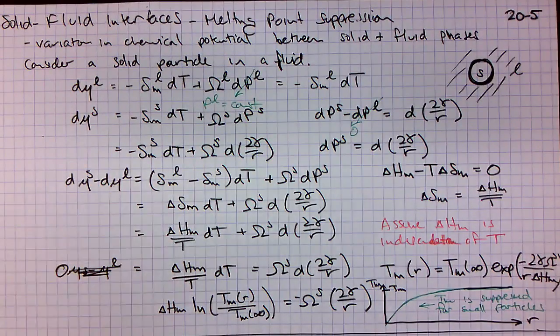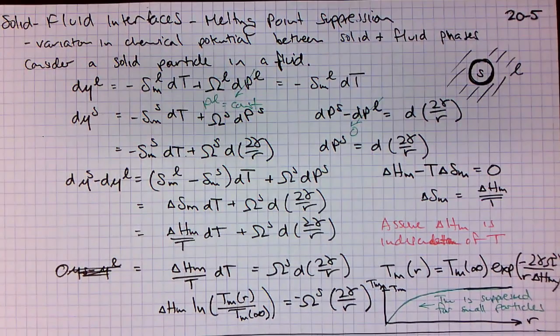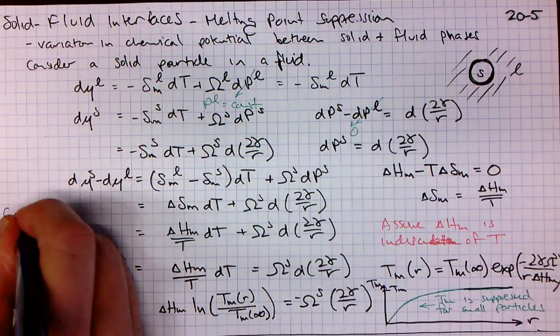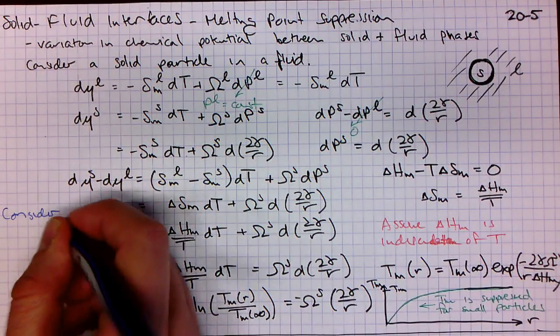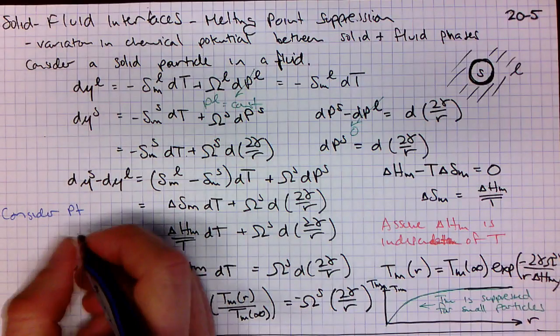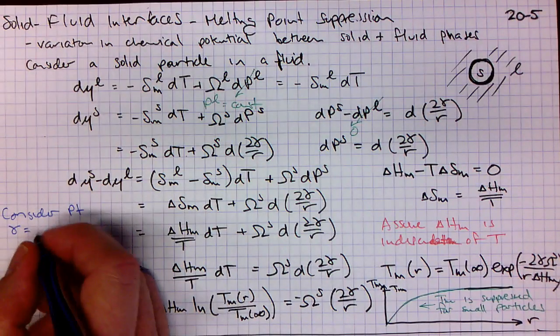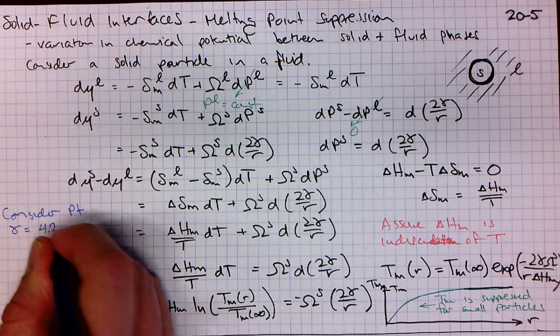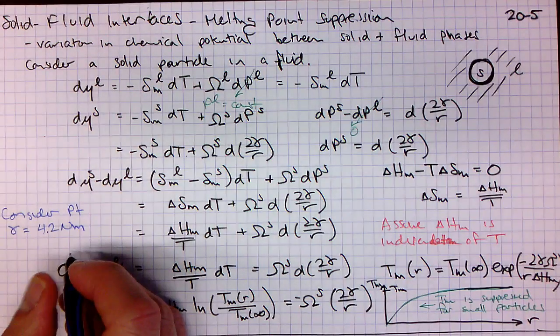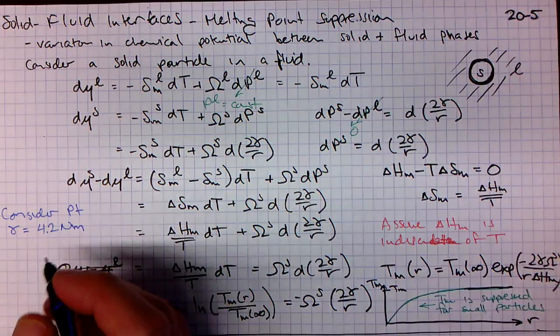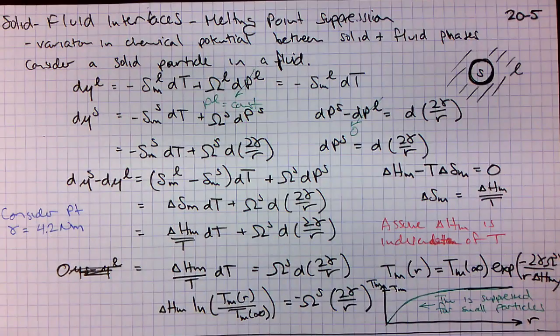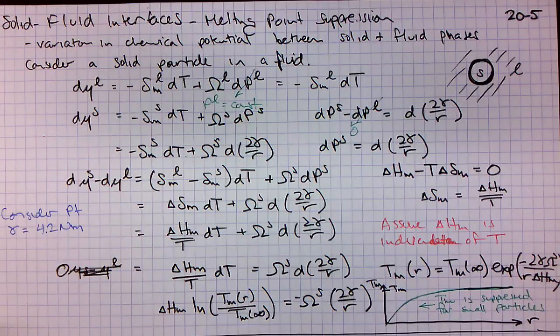So let's look at a particular case. Here let's consider platinum. The surface energy is 4.2 newtons per meter.